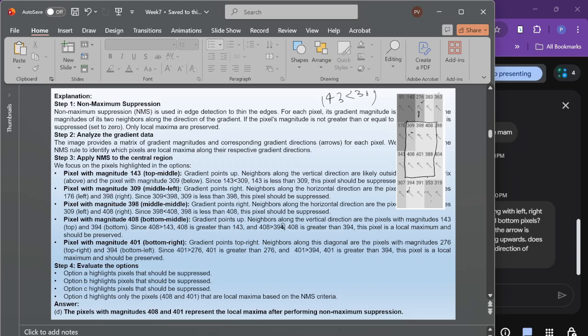So 401 is greater than 276, and 401 is also greater than 394. That's why we will preserve the local maxima.